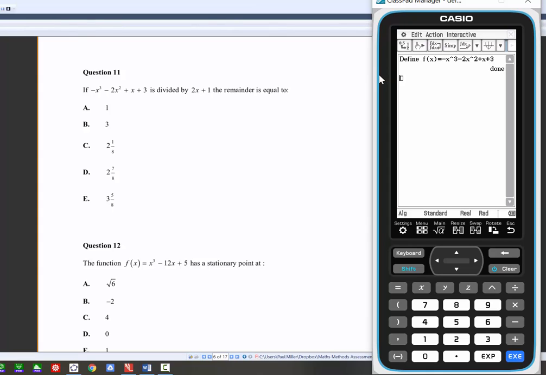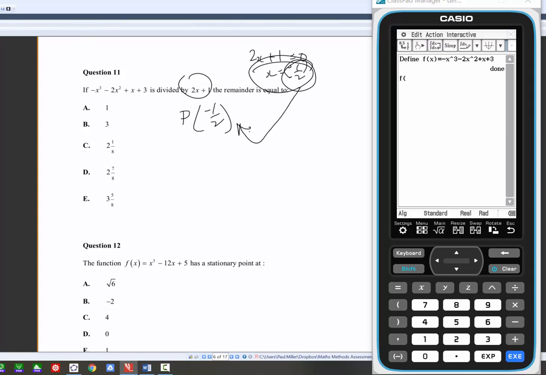The remainder theorem says basically that if you put, so if this is a function here, if I put p of negative a half, the way I consider it is when that is equal to 0, x is equal to negative a half. So when I put that negative a half into the function, what the remainder theorem will do is, funnily enough, tell us the remainder. So let's do it. Negative a half. 17 on 8.